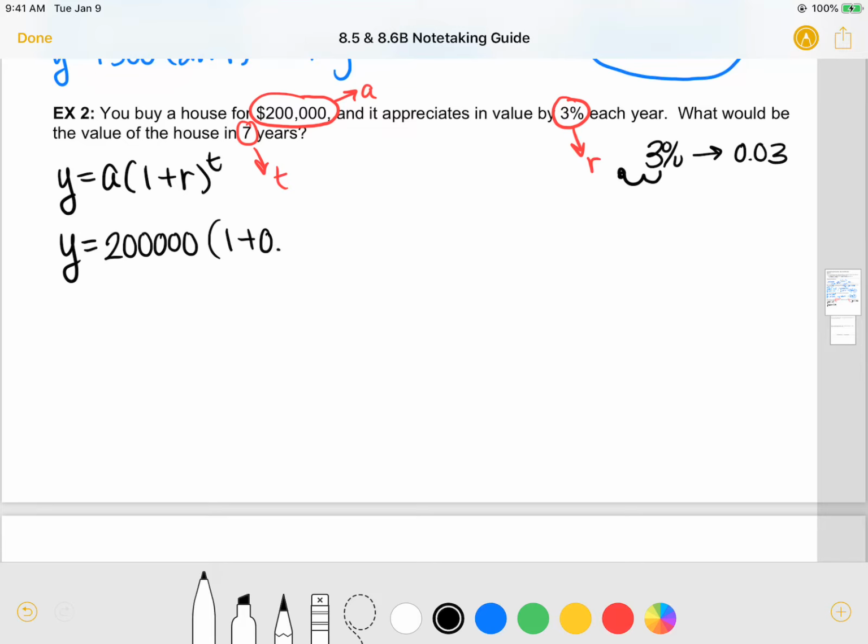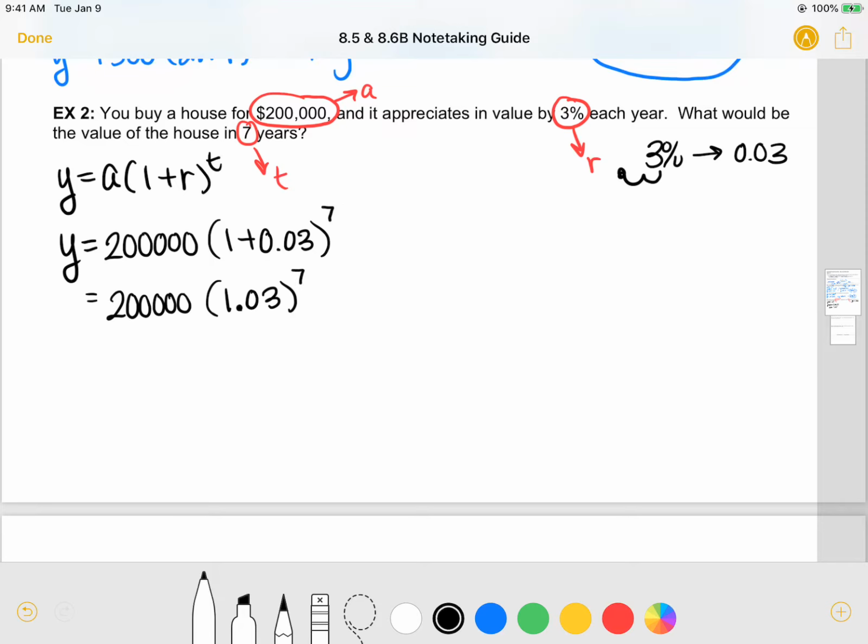Okay, so 1 plus 0.03 raised to the 7th power. Combine your parentheses there, so we have 200,000 times 1.03 to the 7th power, okay?